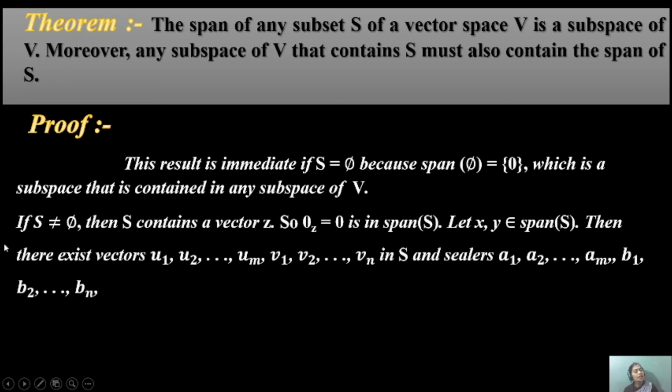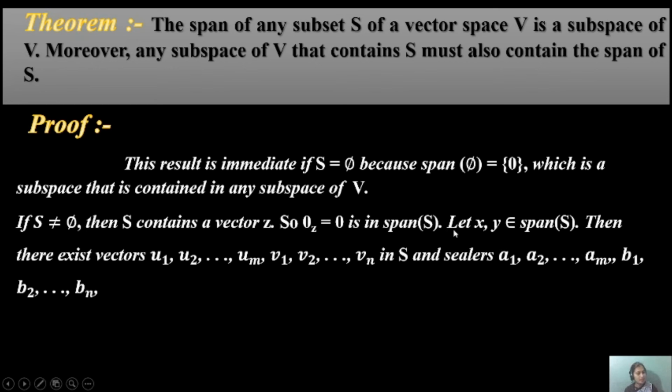Okay, if S is not equal to the empty set, then S contains a vector that is not the zero point, because the span here is generated by (1, 0, 0) and (0, 1, 0); the z direction is not included. This holds for S not equal to the empty set.